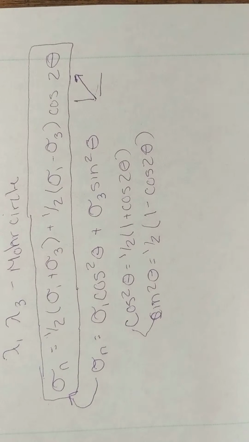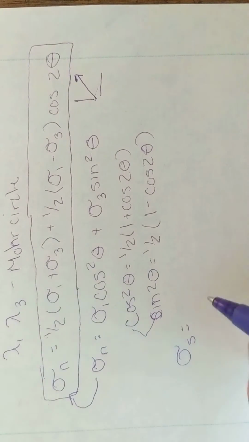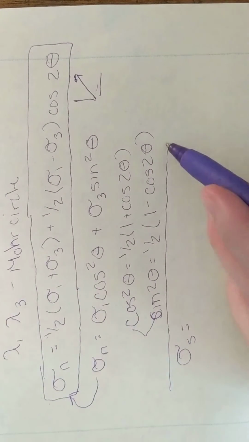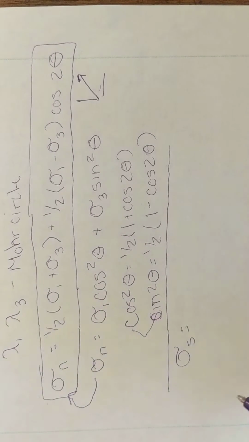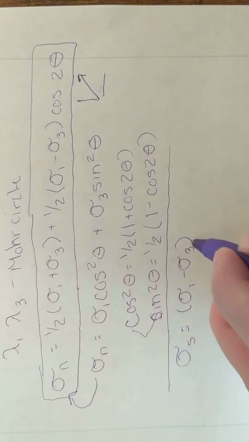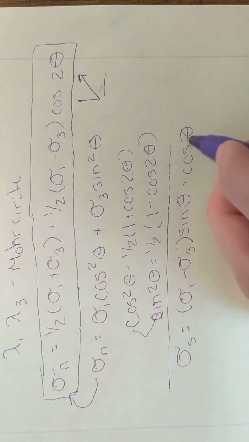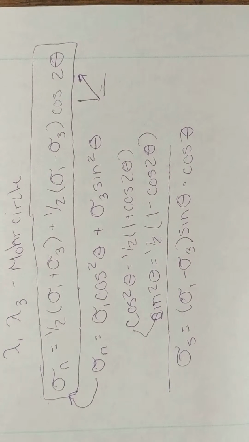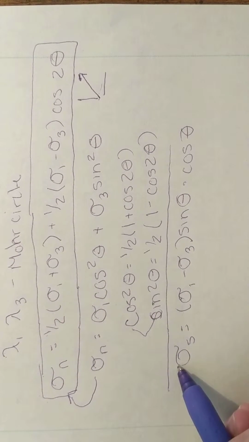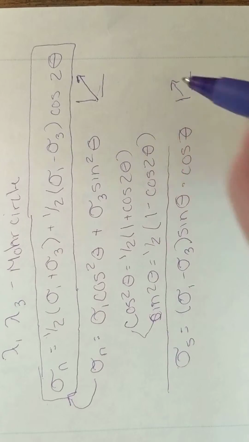The same thing holds true for our sigma s. So remember from before, sigma s is equal to (sigma 1 minus sigma 3) sine of theta times cosine of theta. This is the original equation that we were using. This is our vector quantity, trying to get it into one.